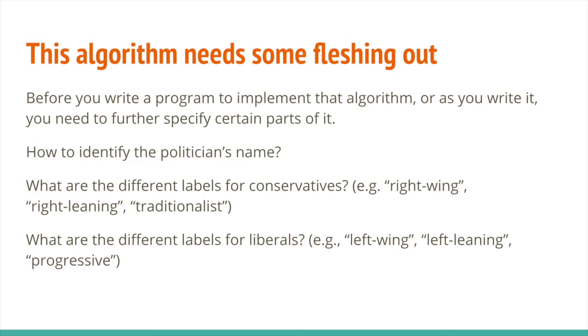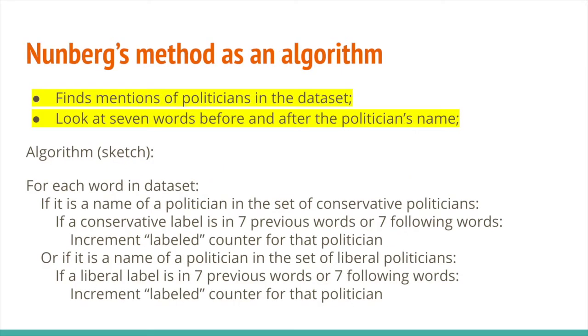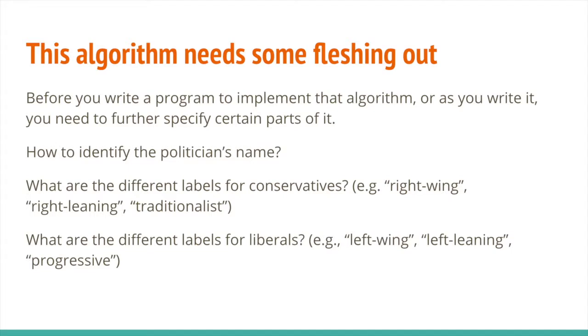So what I gave earlier as a sketch, for each word, if it's the name of a politician in the set of conservative politicians, this is not quite precise enough. We have to make it more precise. We have to answer certain questions. How are we going to do every step?